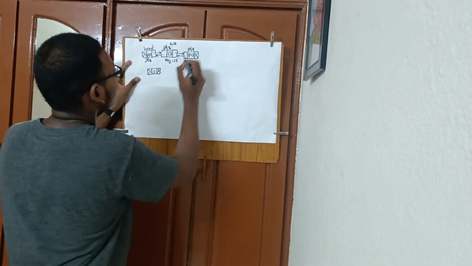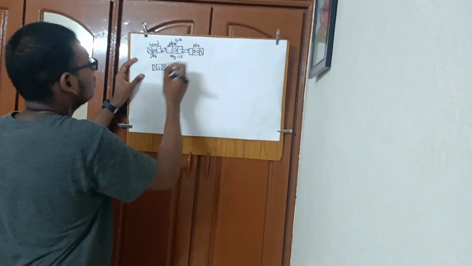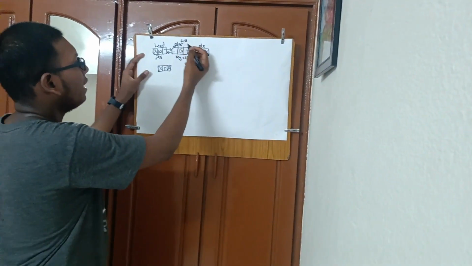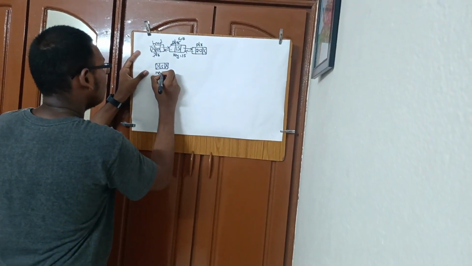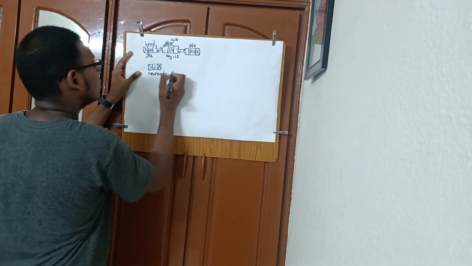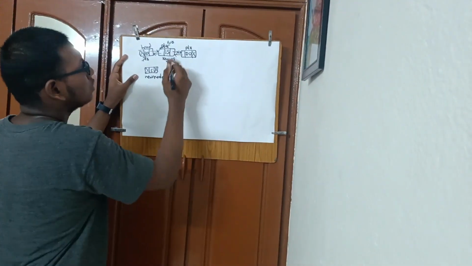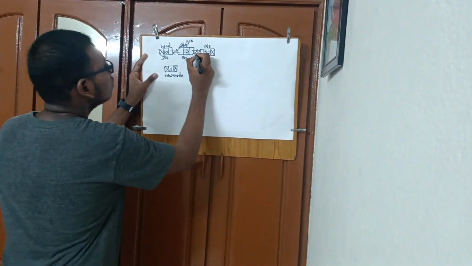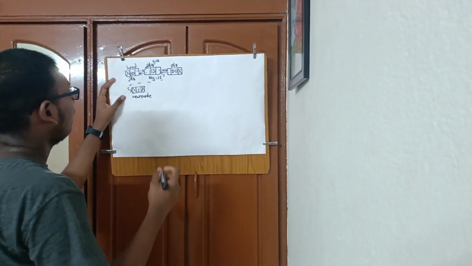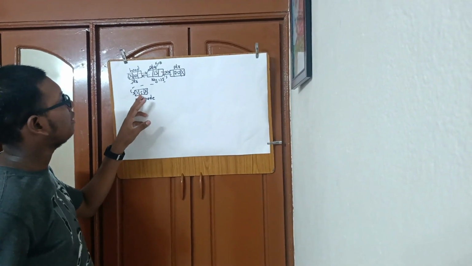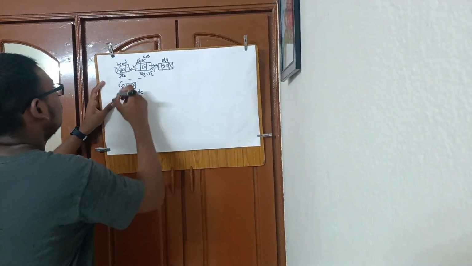So ptr points here and current points here. Now updating current next equals to new node, which means this link will be removed and it points to the new node. And I am updating new node previous equals to current.